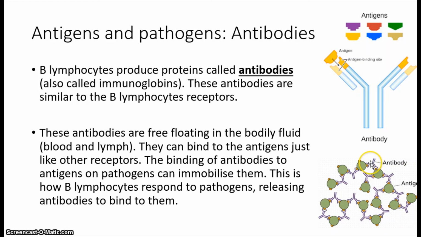The antibodies have all stuck to them and bound them all together, and in this way they can't move around, which really impedes their ability to cause disease. So this is how B lymphocytes, as an example, are able to respond to pathogens, by releasing these antibodies to bind to them.